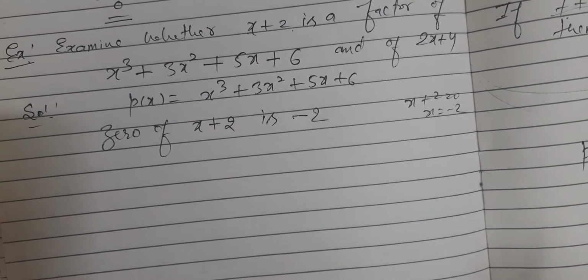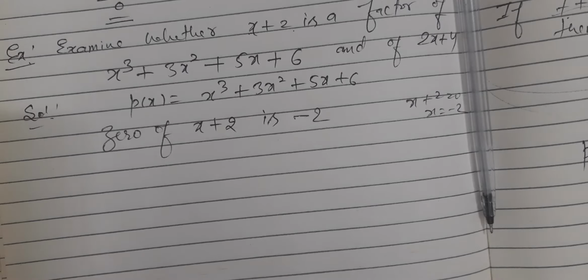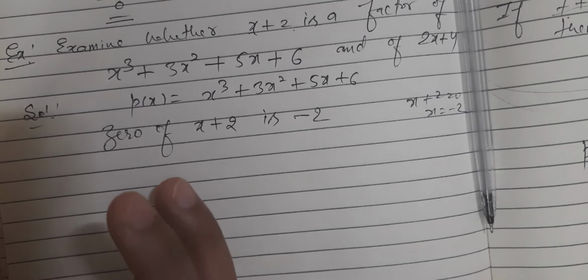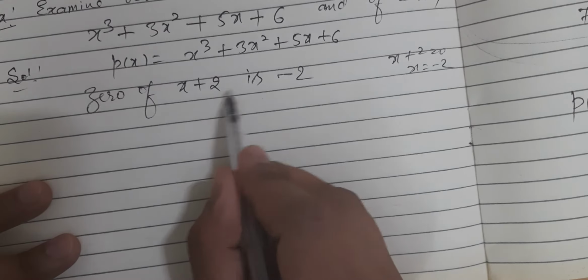Sometimes you will feel that remainder theorem and factor theorem are not different, that they are actually the same. Of course they are the same, but the only difference is that in factor theorem, since it is a factor, the remainder will always be 0. So the zero of x plus 2 is minus 2.